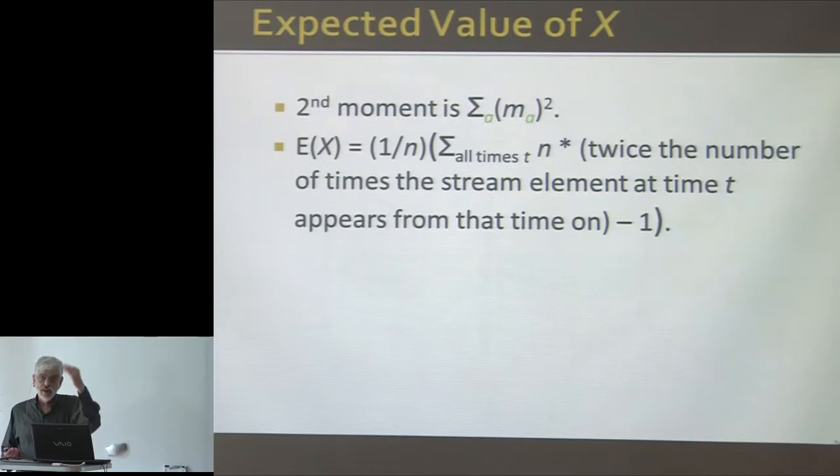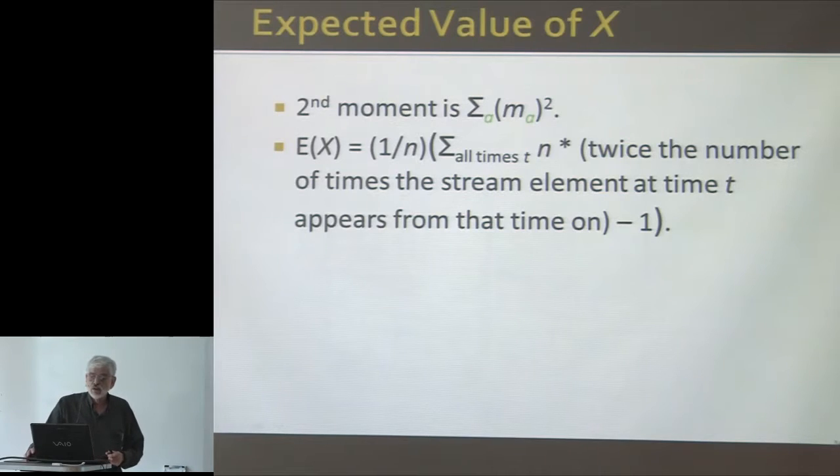That's because we're going to average over all possible starting times. So it's 1 over n and the sum over all times t. N times twice the number of times the stream element at time t appears from time t on, and then subtracting 1.